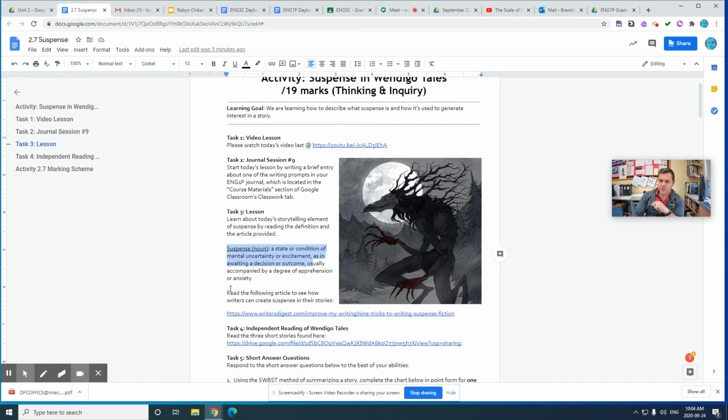For example, in a mystery story, we don't know who the killer is. We want to find out who the killer is or who the villain is, but we don't find that out until the end, which makes us want to read through or watch the story so that we find out who the bad guy is, who the murderer is.